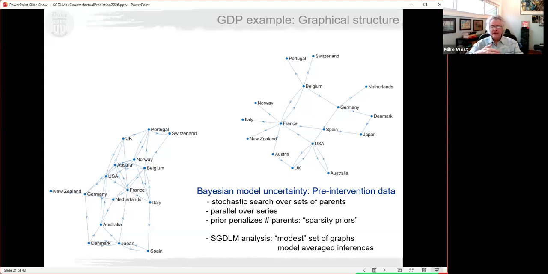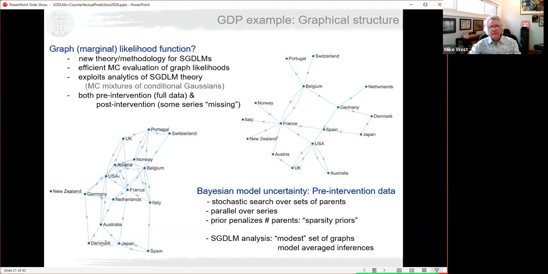And then the SGDLM analysis runs through the pre-intervention period on a collection of graphs that we select, not all possibilities, because you can't do that. And through the pre-intervention period and then into the post-intervention period, you can do Bayesian model averaging to deal with uncertainty about what the underlying set of arrows really is.